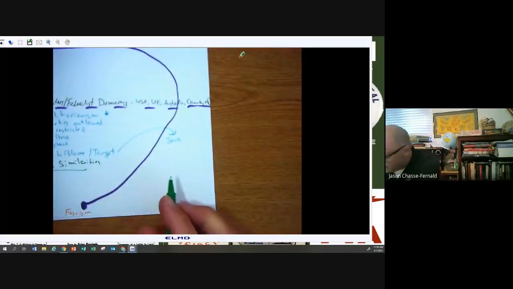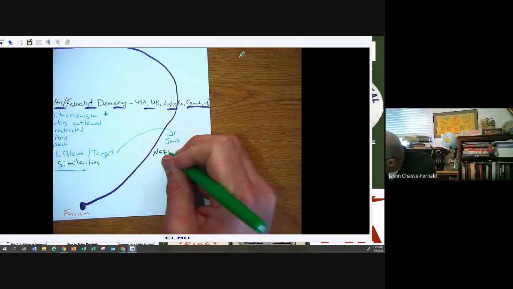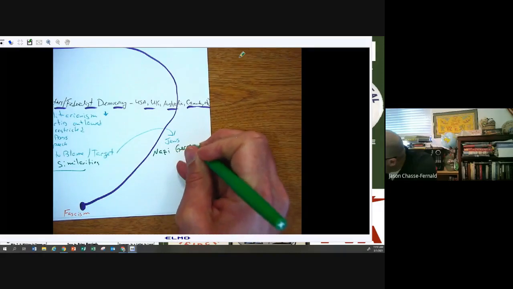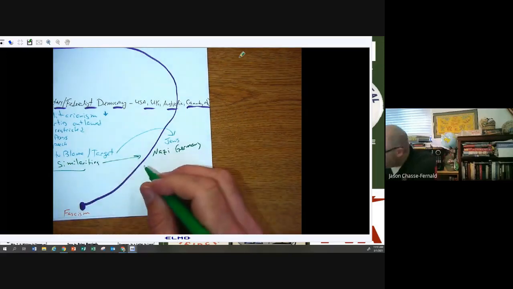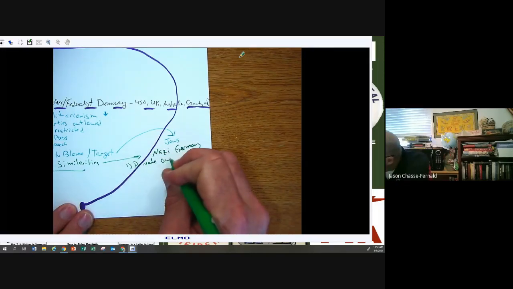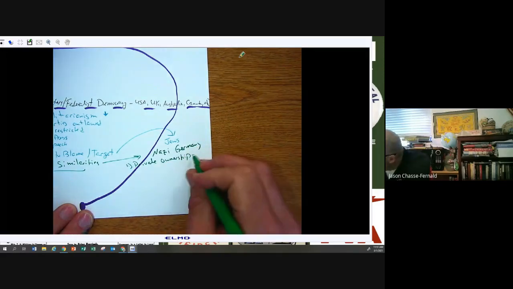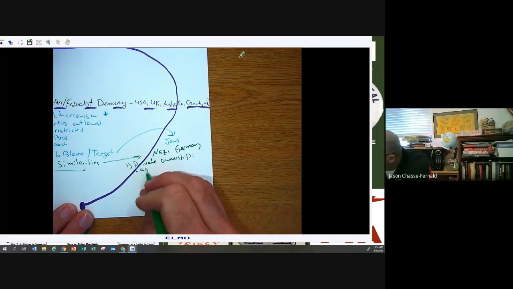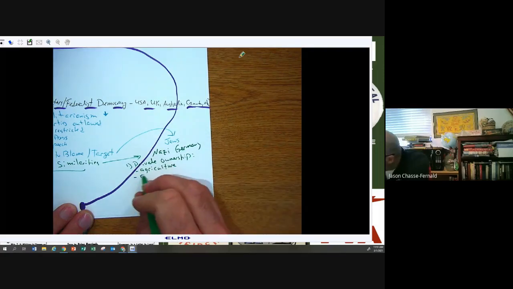Nazi Germany. What are some of the things that we typically see within Nazi Germany? We see private ownership of agriculture, retail trade.